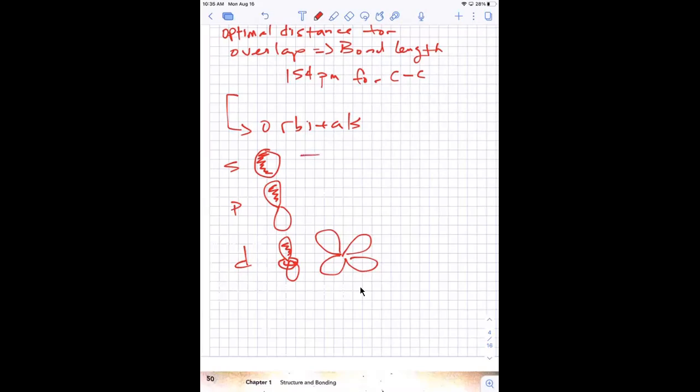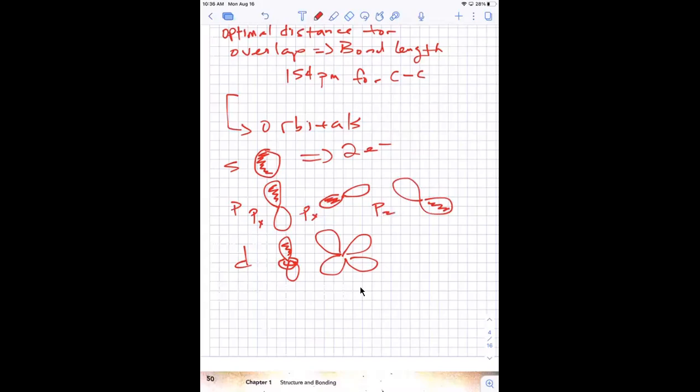So s can hold 2 electrons. And then for p, let's say this is py, px, which is going to be along the x-axis, and then pz, along the z, because it's based on the Cartesian coordinates, the x, y, and z axes.